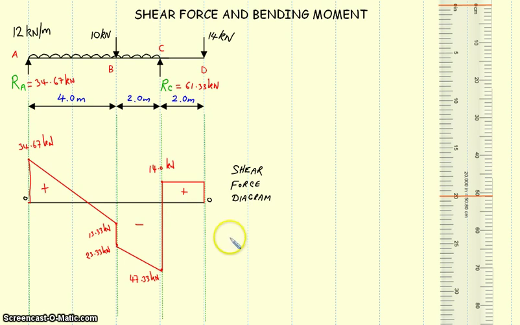One of the main points in drawing the shear force diagram is to find the maximum shear force value. And for this, even though this is negative shear force, this is still the larger number on the diagram, and therefore is our maximum shear force. And that is what we have to list down.